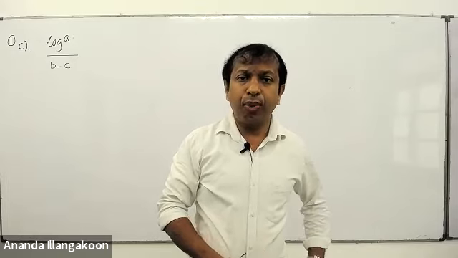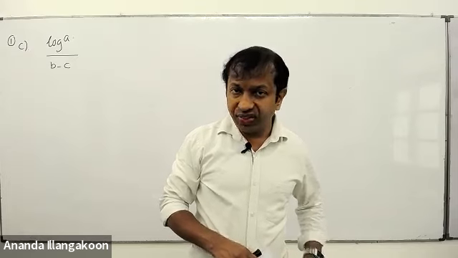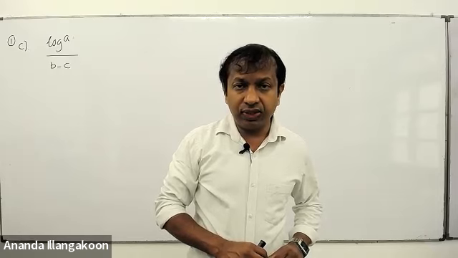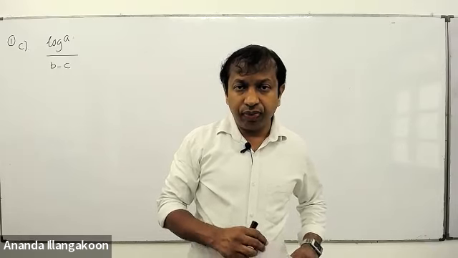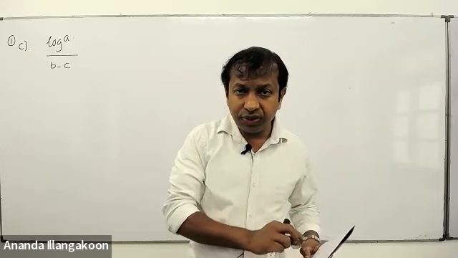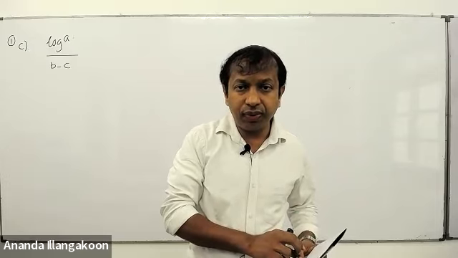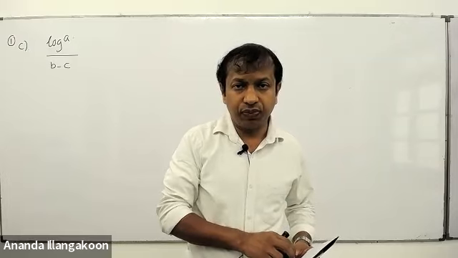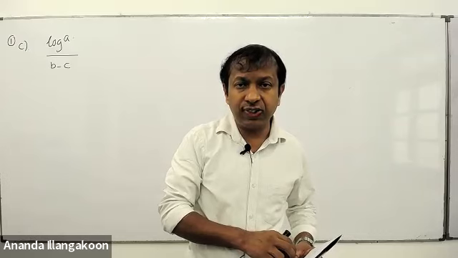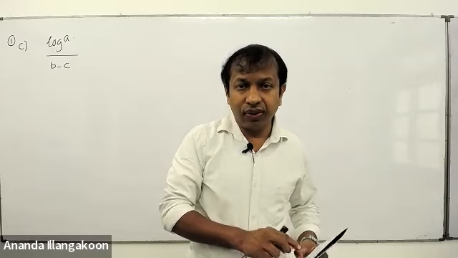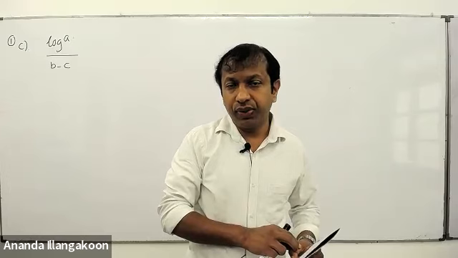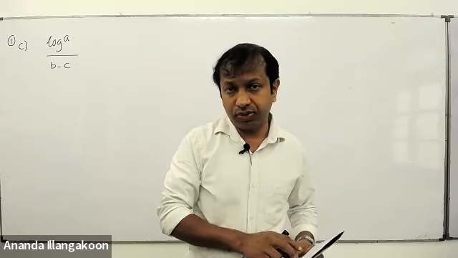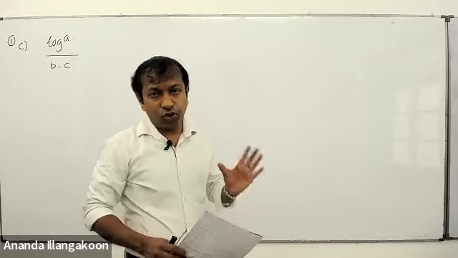But it is not important to mention base 10, the reason is whatever the base of this log term, all log terms in the question have the same base. Whichever base this log term takes, we can prove the answer. So don't worry about the base. We can assume that base is 10.